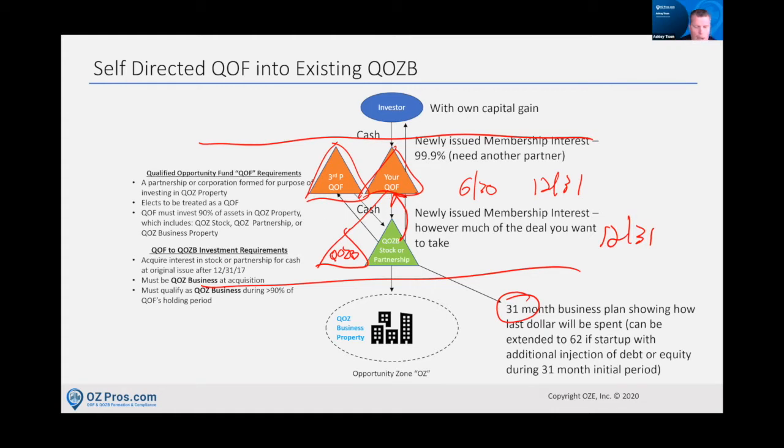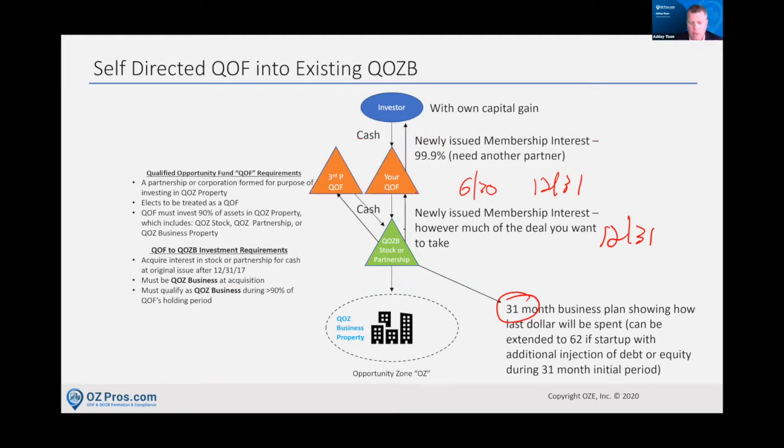This goes into another question: if I drop my money into a captive QOF, can I invest into another QOF? Let's say they don't have the ability to do this, where they're not okay making an exception, or they don't have the structure to take an investment directly into their QOZB.